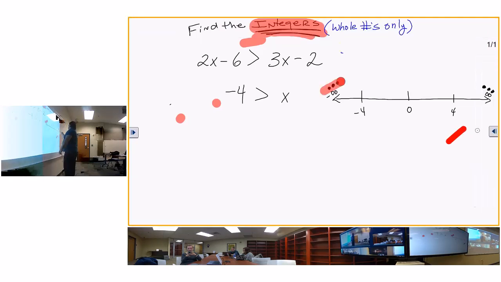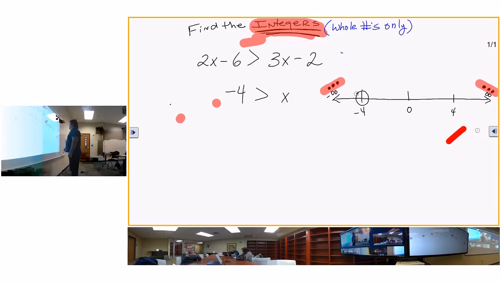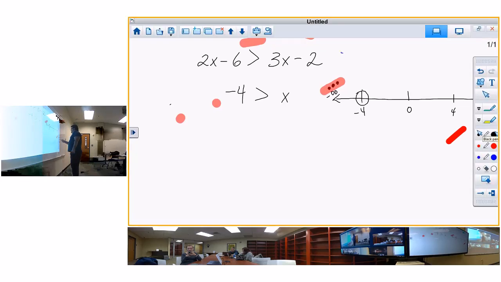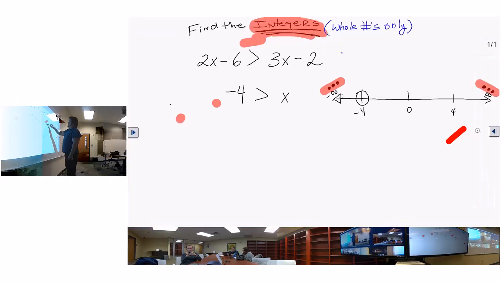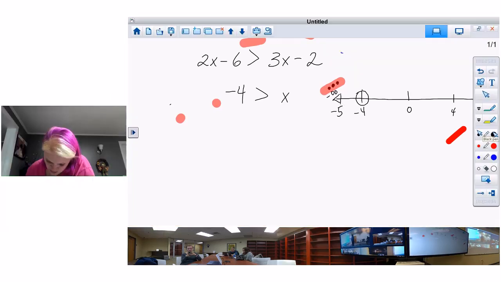Now, what goes at -4, an open circle. And I'm going to draw a -5 right here, and I'm going to put a highlight.